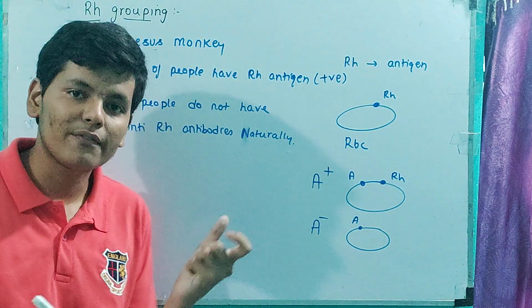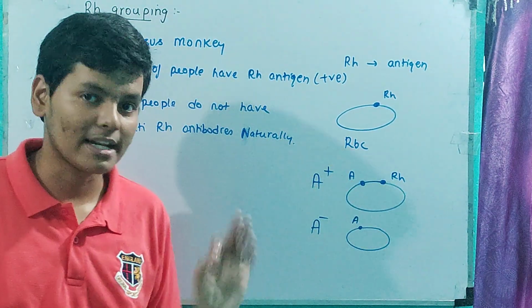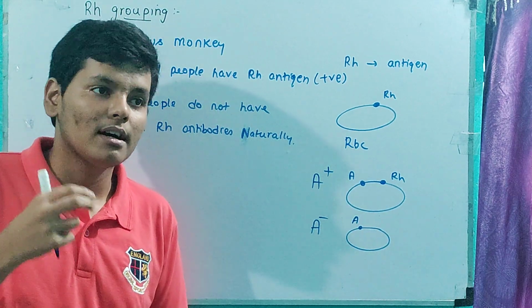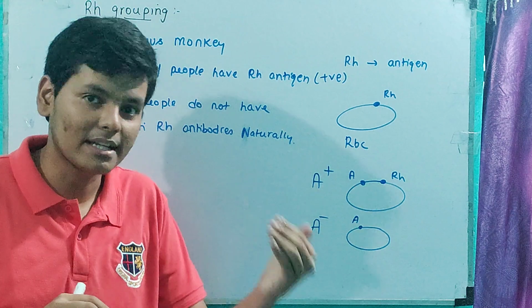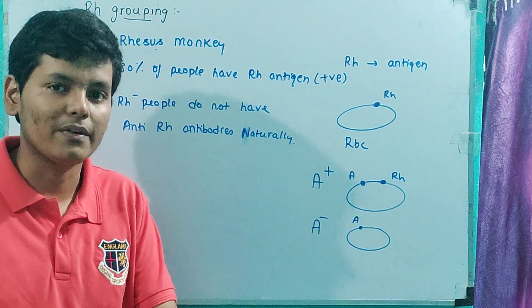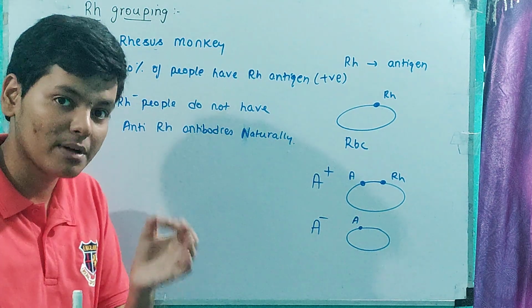So naturally, if you check the plasma of any RH negative individual, you will not find anti-RH antibodies. And this is a very important statement because it will be used to study a medical case in the next video. So RH negative people do not have anti-RH antibodies naturally.